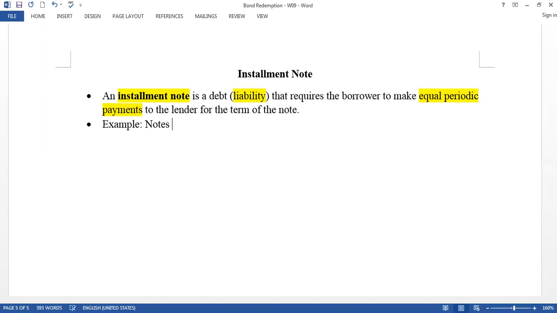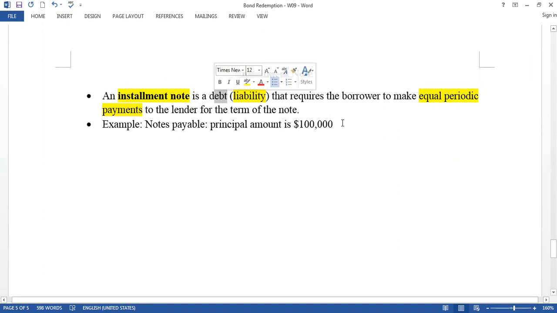Notes payable. That means the principal amount is $100,000. So this money you borrow today. This is your liability.